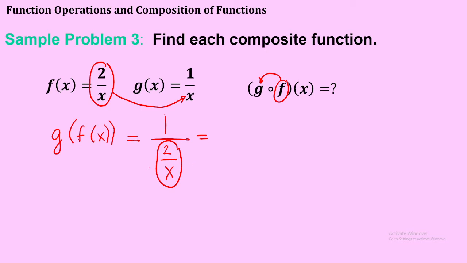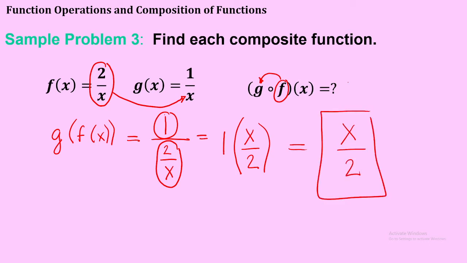What is the reciprocal of 2 over x? X over 2. Very good. So meaning, I'm going to copy the number 1, then proceed to multiplication, getting the reciprocal of 2 over x, which is x over 2. If I multiply, I will be getting x over 2 for that. And this will be the answer for our third problem.